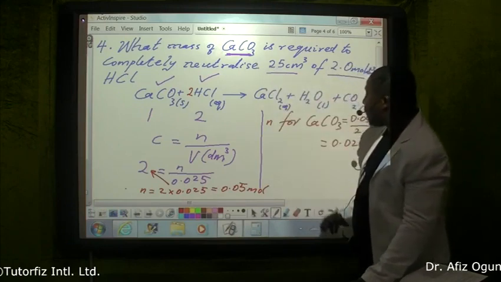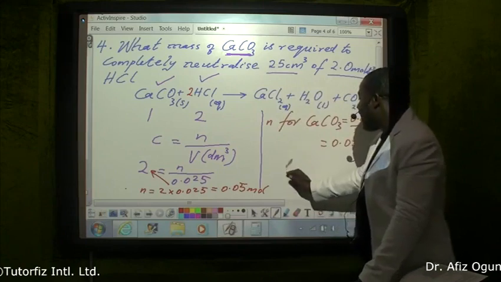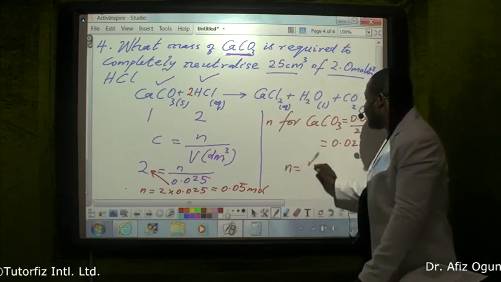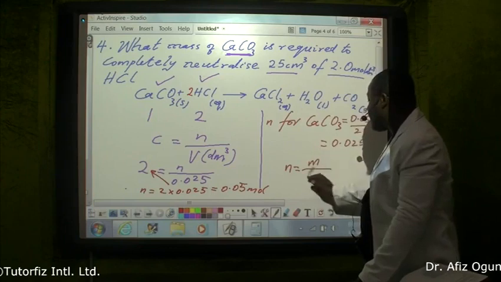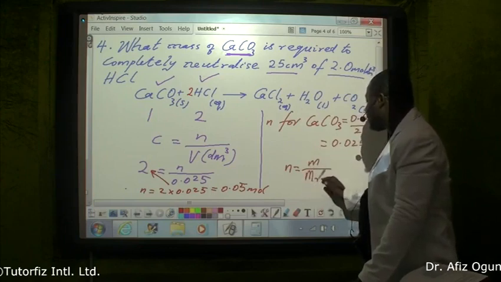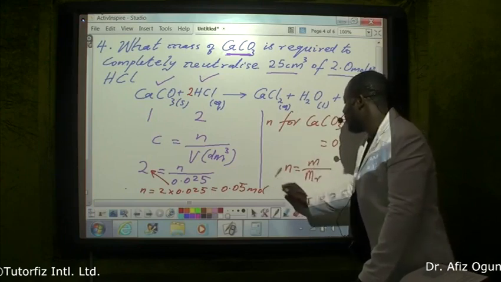Of course, I go back to the simple formula: n equals given mass, which I'm looking for, divided by molar mass.